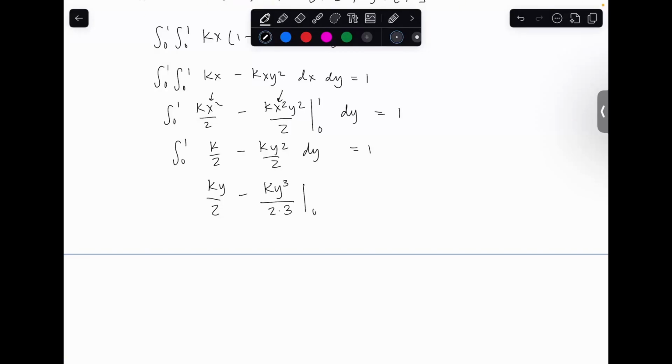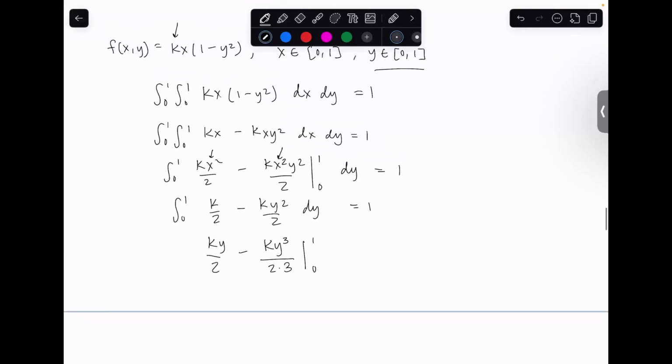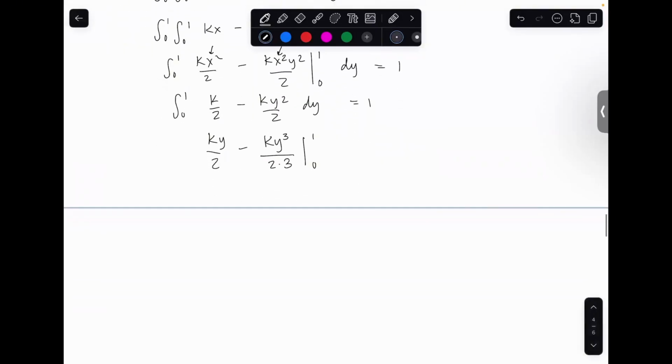And we're going to evaluate that from 0 to 1, because our y bound is from 0 to 1. Hopefully this still equals 1. And then that gives us k over 2 minus k over 6, because I'm plugging in 1 for here and here. That's the same thing as, I'll put the common denominator here.